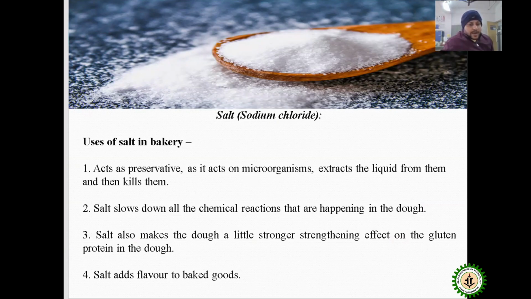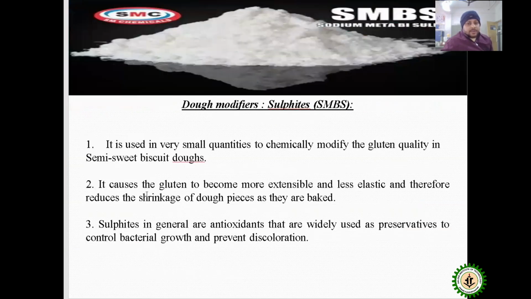Now we add the dough modifier, that is sodium metabisulfite, SMBS. It is used in very small quantities, and it chemically modifies the gluten quality in semi-sweet biscuit dough, and sulfites in general are antioxidants that are widely used as preservatives to control bacterial growth and prevent discoloration.